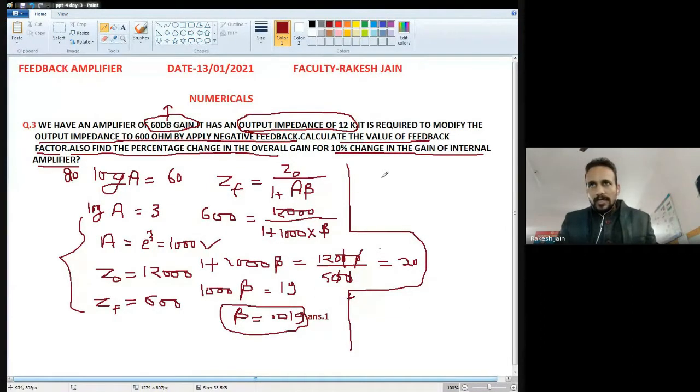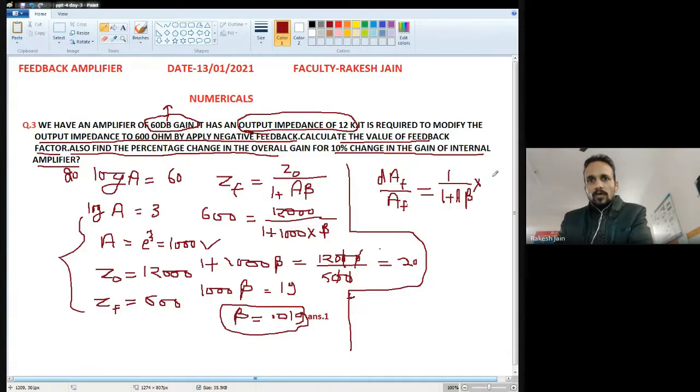So in a statement, what we found yesterday is that dAF upon AF is equal to 1 upon 1 plus A beta times dA upon A. We have already proved this term.